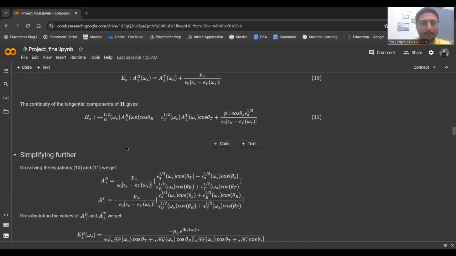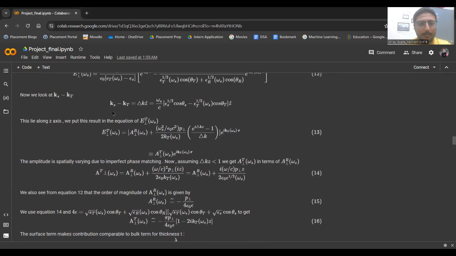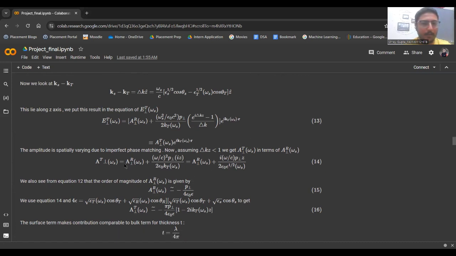So using that approximation and putting ks minus kt equals delta kz back into equation 13 and a few more equations, we can get the following equation, equation 14, which includes the amplitude of the transmitted wave perpendicular in terms of the amplitude perpendicular of the reflected wave.